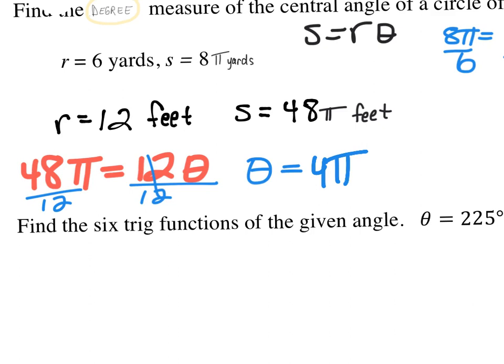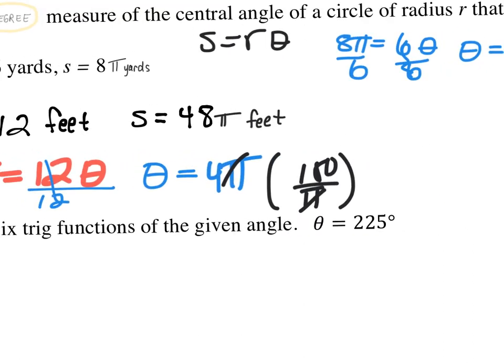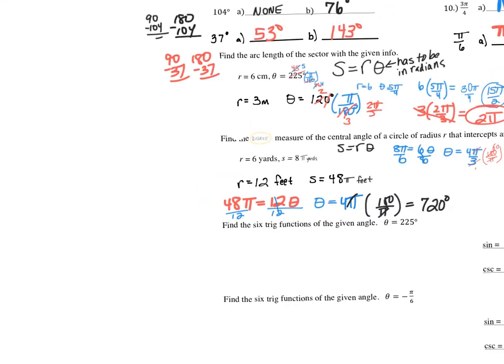Is that in degrees? No. So if I multiply 180 times 4, which is? 720. 720 degrees.